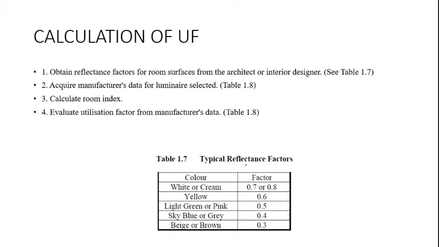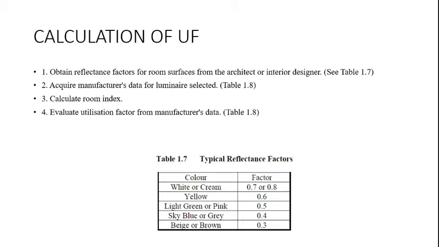So these are the three important factors that directly affect the utilization factor. The utilization factor, while designing an interior lighting system, is calculated by considering all these factors together, as in the case of maintenance factor.